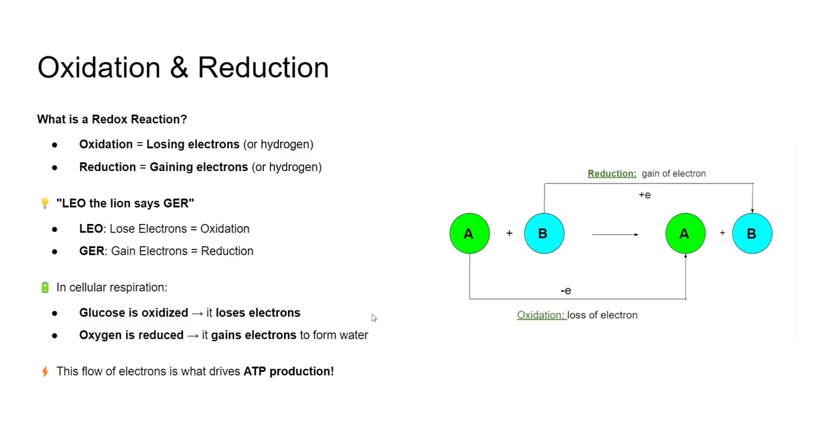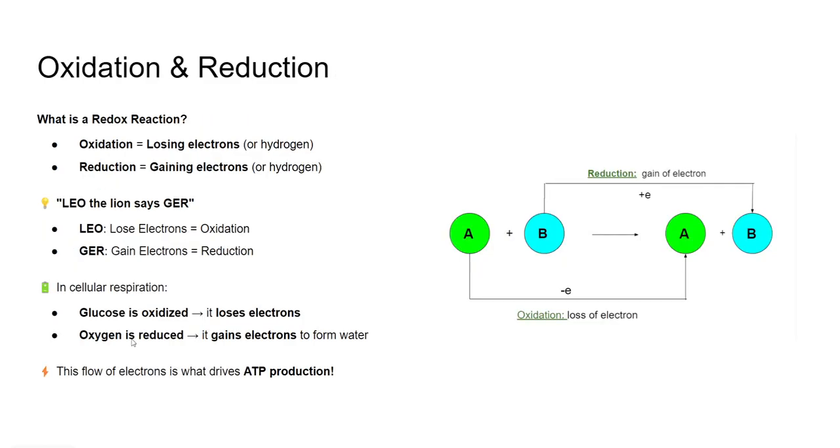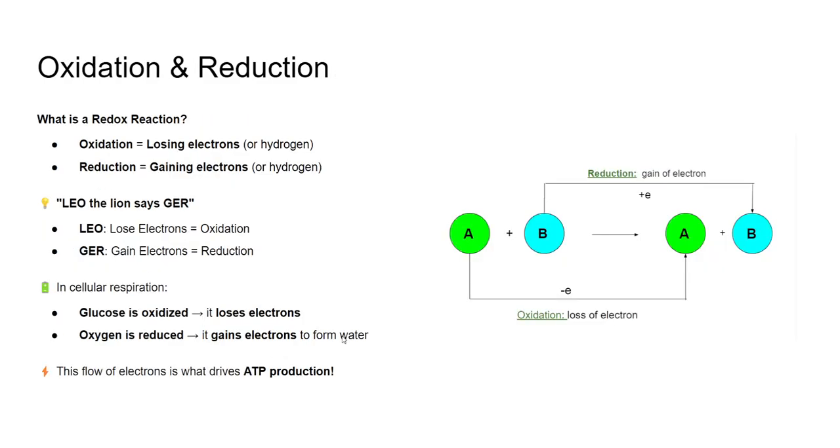In terms of cellular respiration, if we go back to our original equation, this glucose is going to get oxidized. It's going to lose electrons, and the oxygen is going to get reduced. It's going to gain electrons. And this flow of electrons is what drives ATP production. It's going to be very important when we get to things like electron carriers in the next few slides.